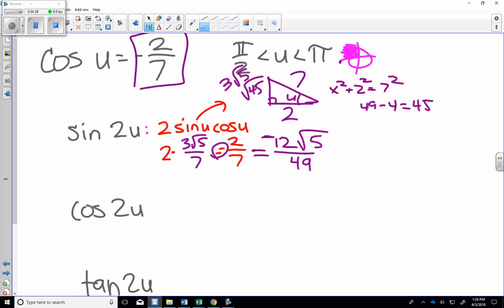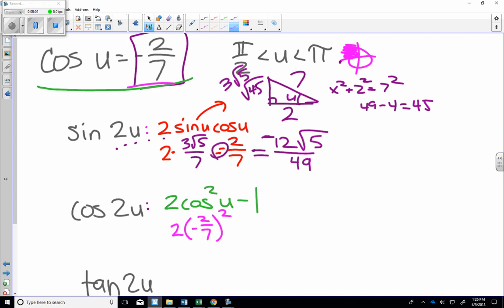Then cosine of 2u. You have 3 choices for that one. Doesn't matter which one you use, and since I've already figured out what the sine is up here, I could use the cosine squared minus sine squared one. But because I just have this, I'm going to use 2 cosine squared u minus 1. So then, because we know that cosine is a negative 2/7, we have 2 times a negative 2/7 squared minus 1.